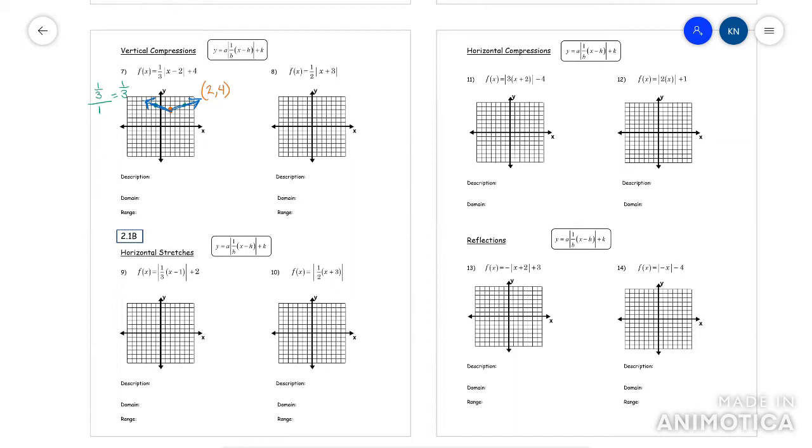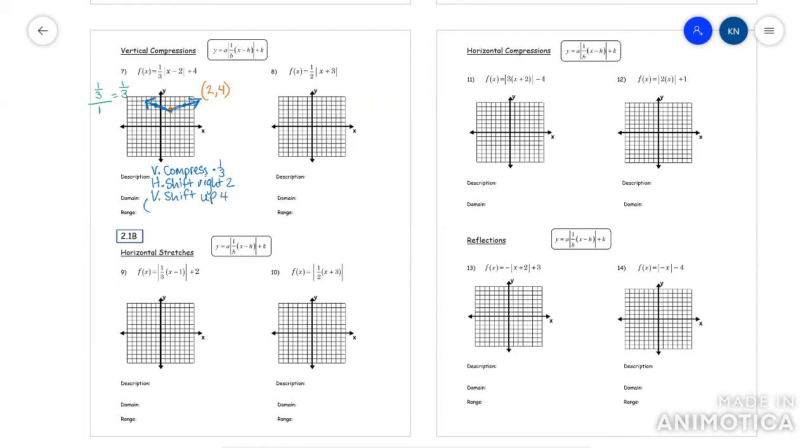The description, this was a vertical compress times a third. Then I also had a horizontal shift, right 2. And I had a vertical shift up 4.